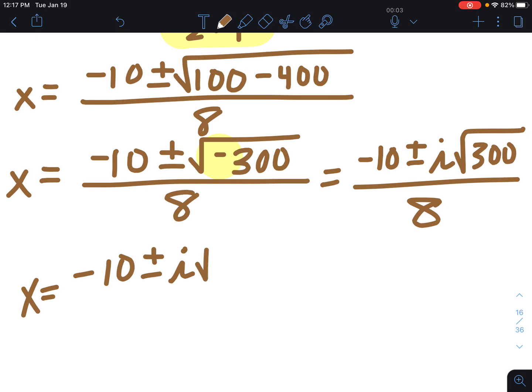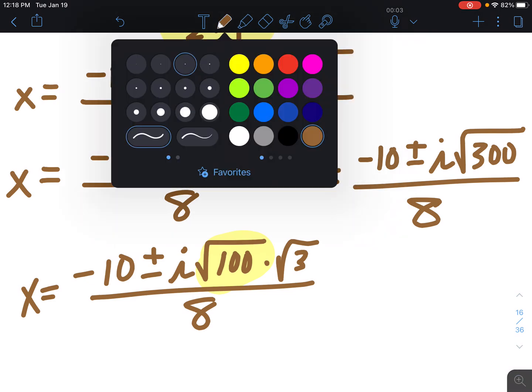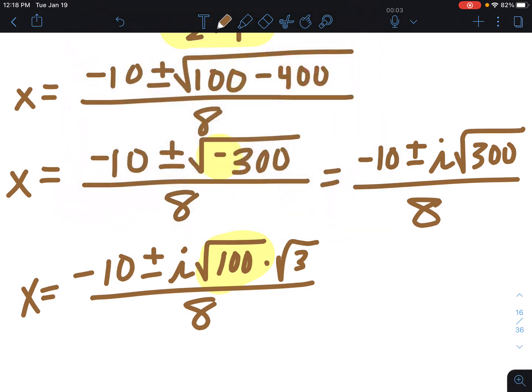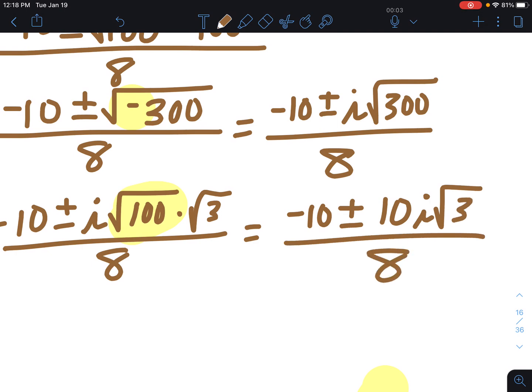You should be thinking square root of 100 times square root of 3. So that square root of 100 will be 10. So i times 10 will be 10i root 3 over 8.